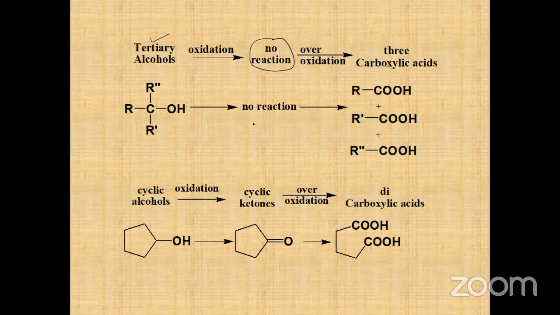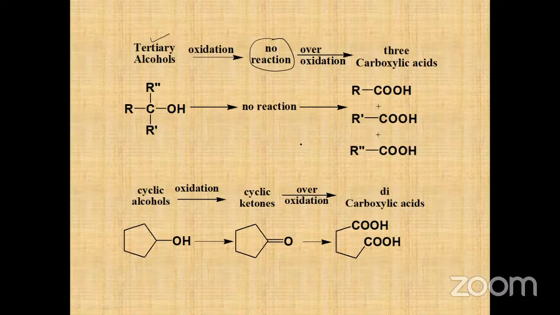Therefore, we can easily understand that tertiary alcohol will not undergo oxidation simply. It requires a special condition. Under special conditions, it undergoes oxidation, leading to the formation of carboxylic acids. So if you take the primary alcohol, it gives only one carboxylic acid. Secondary gives two carboxylic acids. Tertiary alcohol gives three carboxylic acids.